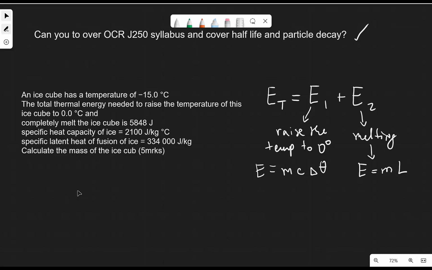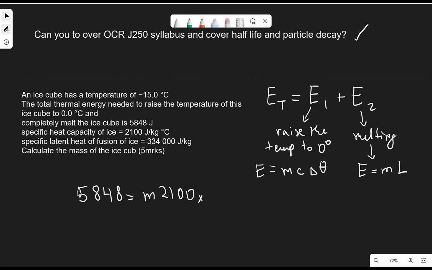Okay, well, our total energy, which is 5848, will be equal to m multiplied by c, which is the specific heat capacity of ice, which is 2100, times the change of temperature.